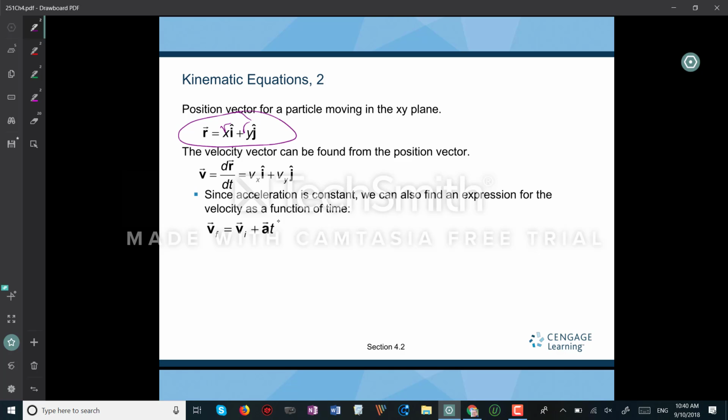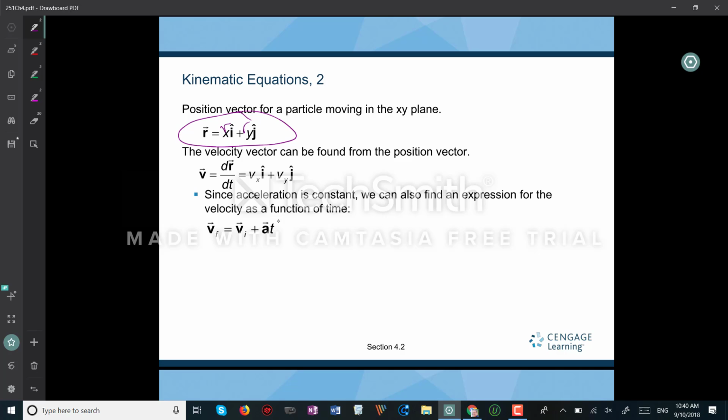And if we have constant acceleration in multi-dimensions, that means not only its magnitude is constant, but also its direction, and I can find the components of the acceleration. And each of those will be constant.